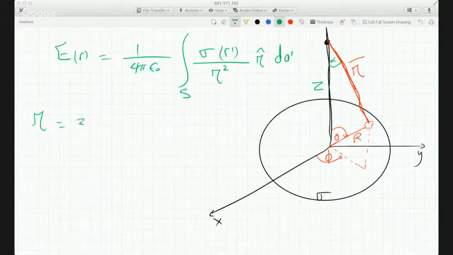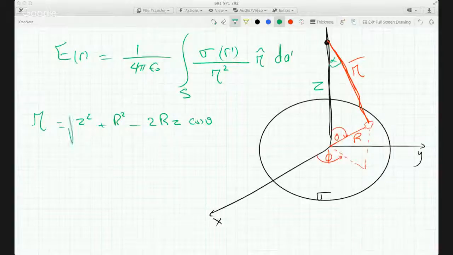So the separation vector squared is z squared plus r squared minus 2 r z cosine theta. Okay.